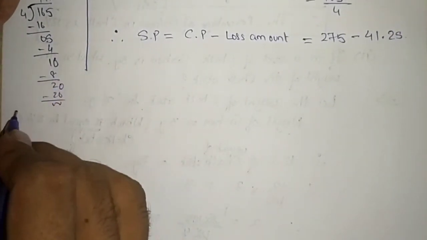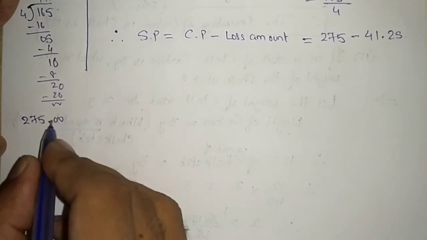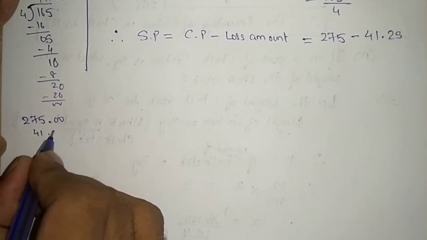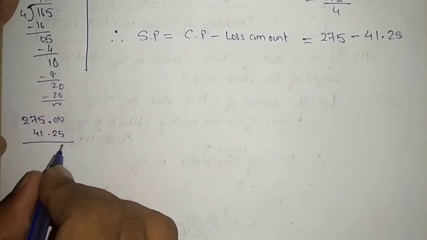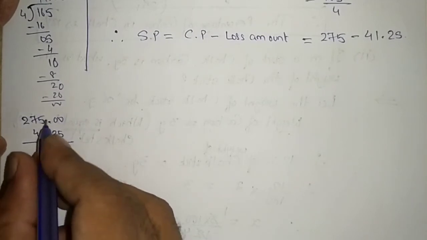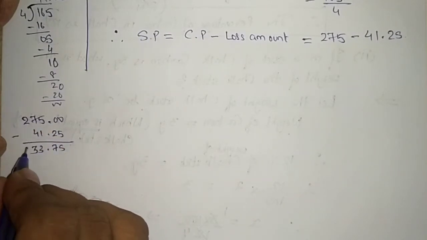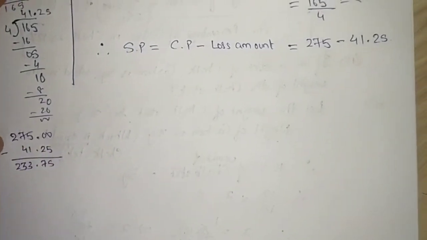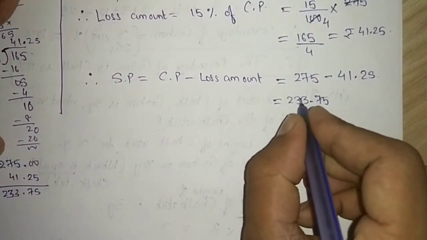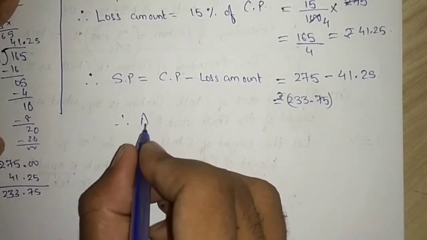Again let me solve it over here. 275.00, we can place as many decimal points towards the right side. 41.25. 10 minus 5 is 5. 9 minus 2 is 7. 4 minus 1 is 3. Hope you know how to subtract. 7 minus 4 is 3 and 2 will be remainder. So it will be 233.75 rupees.